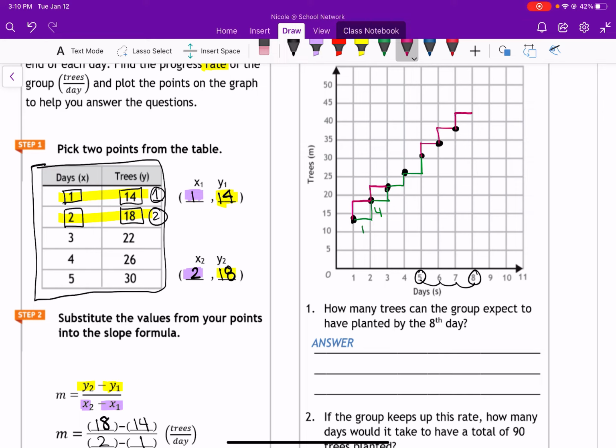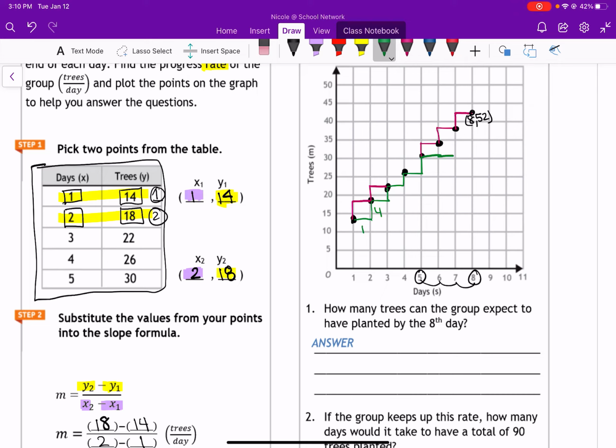So the 8th day would be 42. So before I was saying, each time we move over 1, we're going up 4.